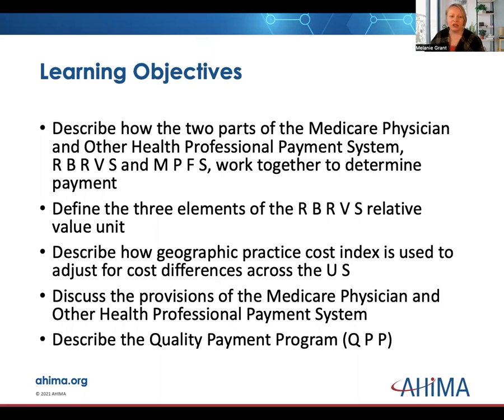But this is really just looking at the two different types of payment reimbursement systems that most outpatient physicians not associated with the hospital outpatient and other healthcare services will be looking at. We're going to look at what the RBRVS relative value units are and how we find those, how we describe the geographic practice cost index, and just basically put it all together. This is probably the easiest of the Medicare payment systems, simply because at this point, there's a lot less pieces that go into it.